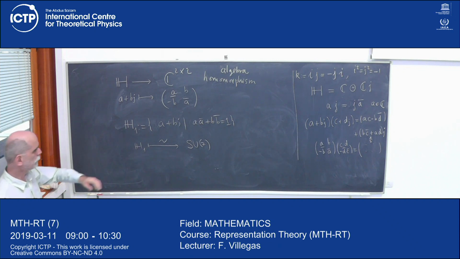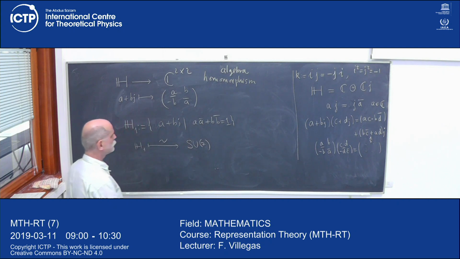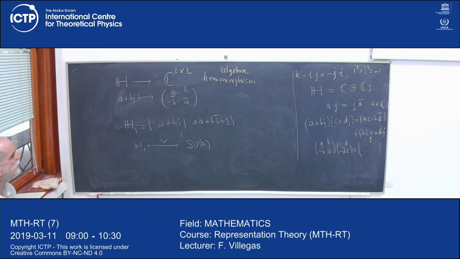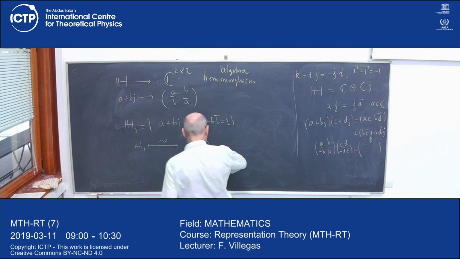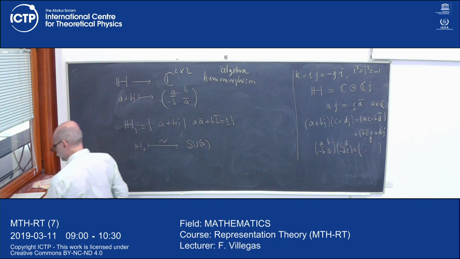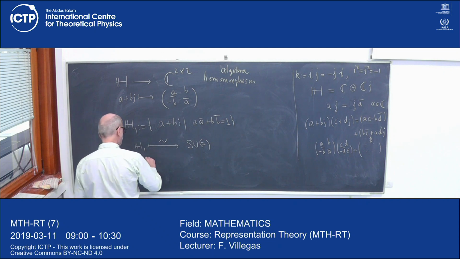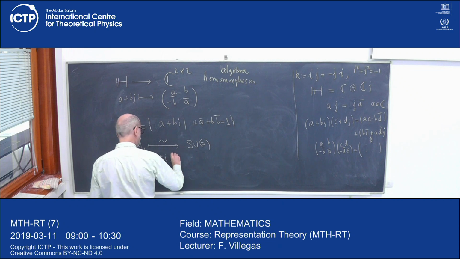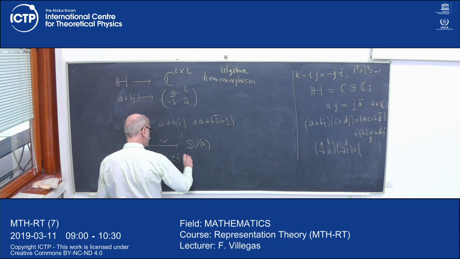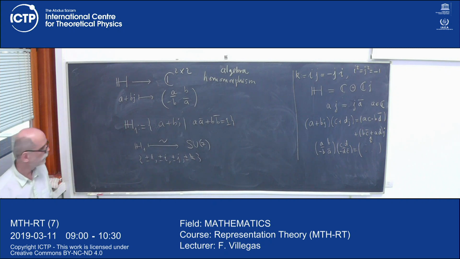Anyway, our group, now we change gears, and instead of talking about SU2 as matrices, we can think of it as unit quaternions. And so now it's not too hard to give an example, because we could just look at the quaternion group. So we look at the 8 elements given by these.